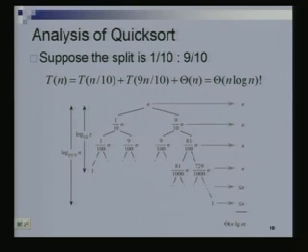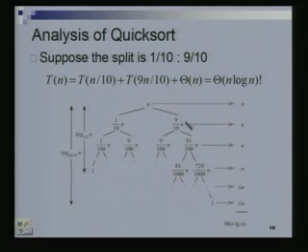So at the first stage, this is what happens: n by 10 elements on one side and 9n by 10 elements on the other side. How much time did I take to do this partition? N time. Then this n by 10 got divided into 1/10 on one side and 9/10 on the other side. 1/10 means n by 100 on one side, and 9/10 of this is 9n by 100 on the other side.